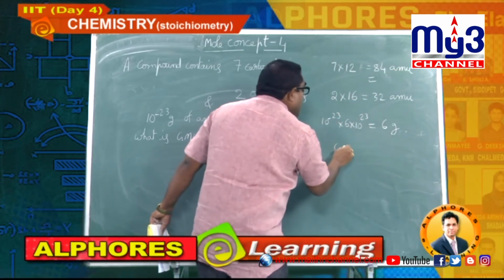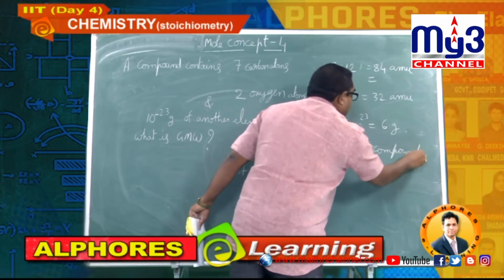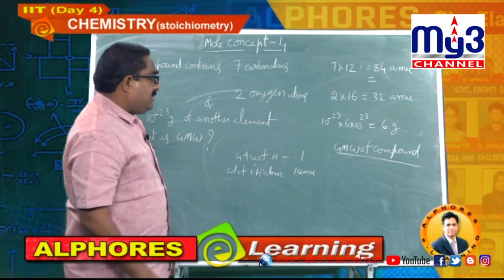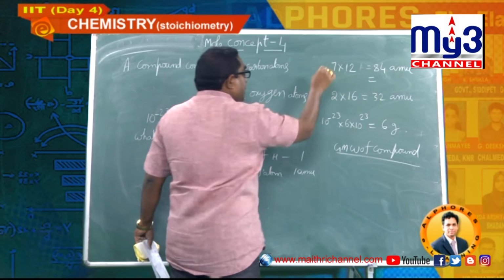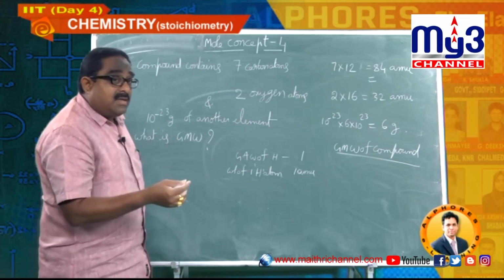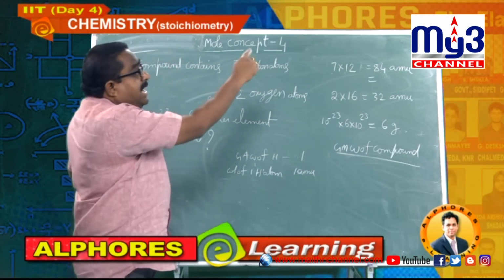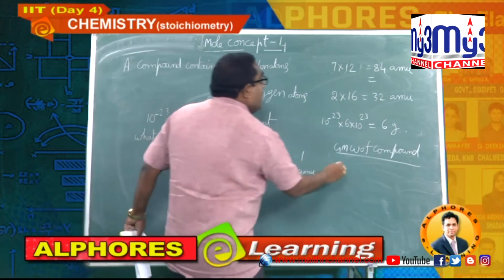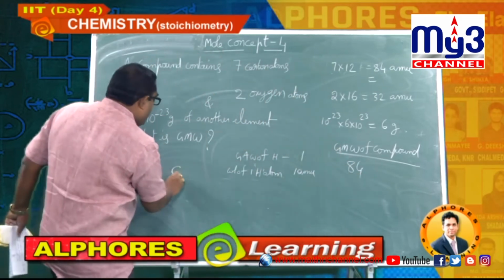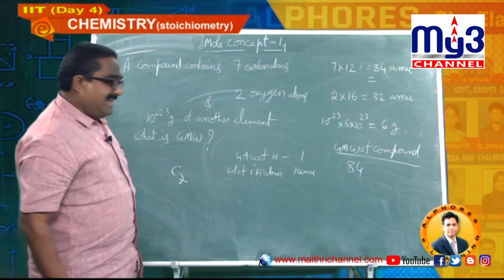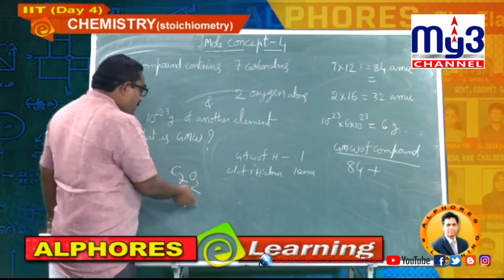Now GMW of the compound means he is asking for Avogadro number of molecules. Here I have calculated only 7 atoms. So coming to molar mass, 7 into GAW, again AMU becomes grams. So finally you can write 84 grams corresponds to carbon. In the formula it may be C7 plus 2 oxygen atoms, O2.